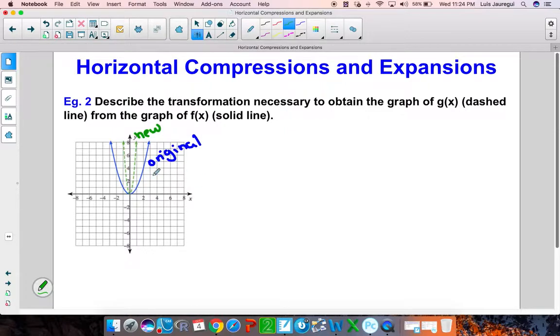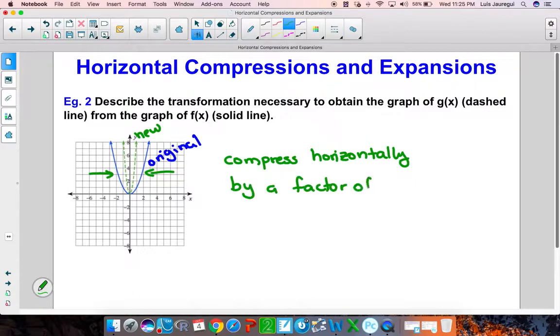So we can say that to go from the blue to the green one, we would need to do the following. We will need to compress horizontally. Okay, notice, because it seems that we're going to be pushing towards the middle, so that we are compressing horizontally. And just as we said before, to complete this whole description, we say by a factor of, and let me leave that blank for now.